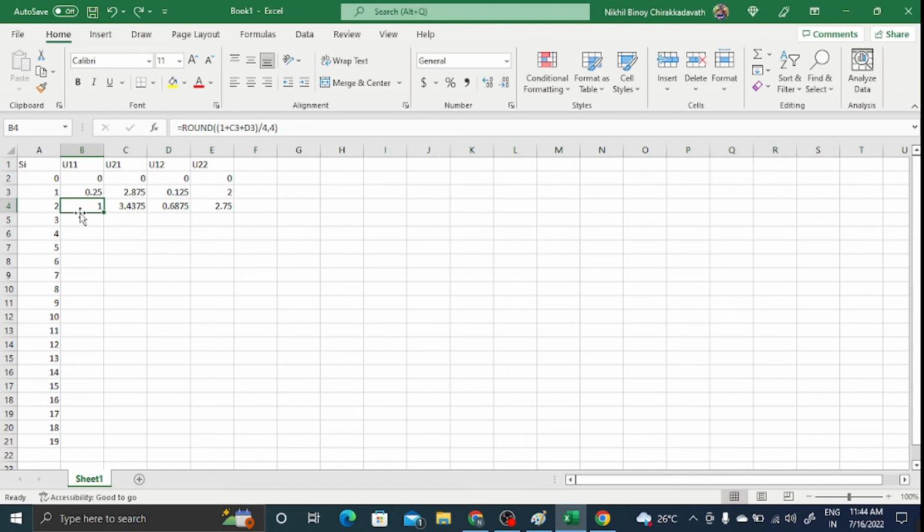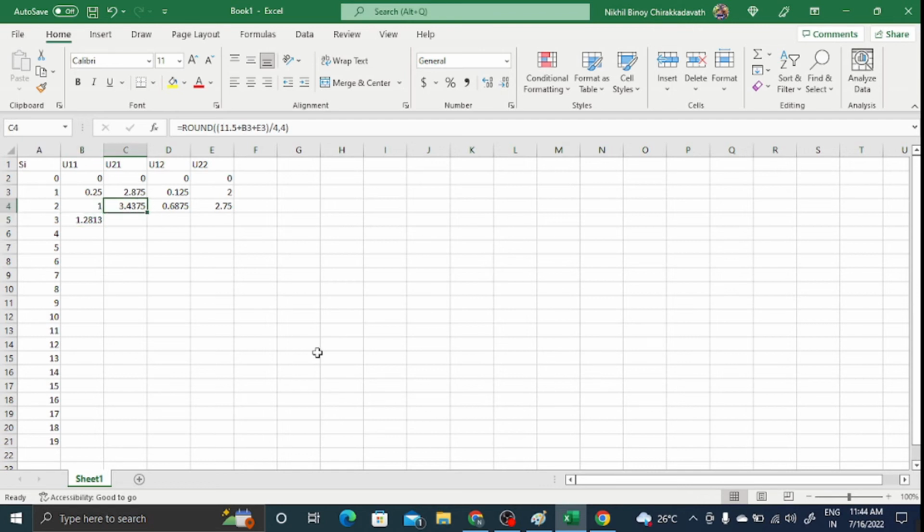Then we have to start the third iteration. First one is U11. U11 is equal to 1 plus this 3.4375, this is U21, plus U12, that is 0.6875, divided by 4. So we have 1.2813.